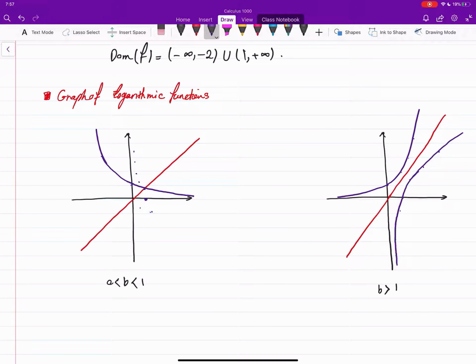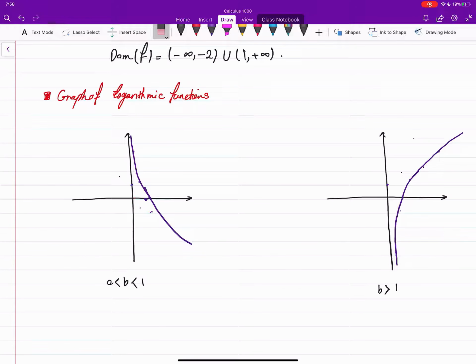So you get something like this almost. If I erase these extra things, you will see that these are the graphs of these log functions. I should have done a better job for this one. Let me just repeat this. Well, something like this.